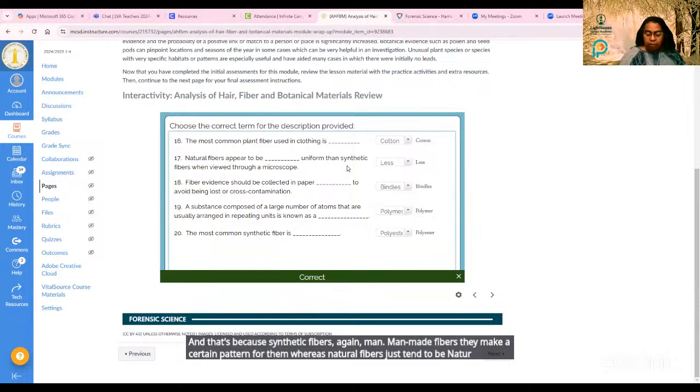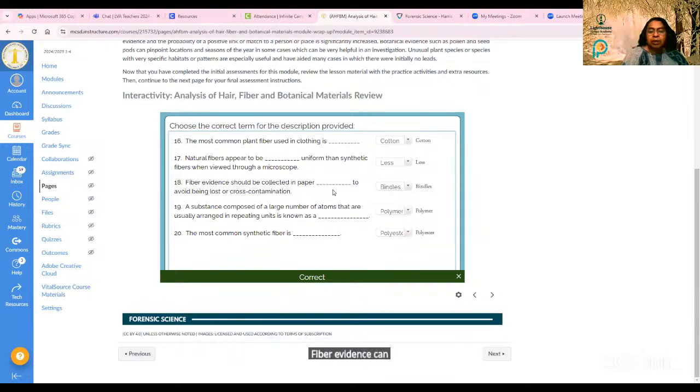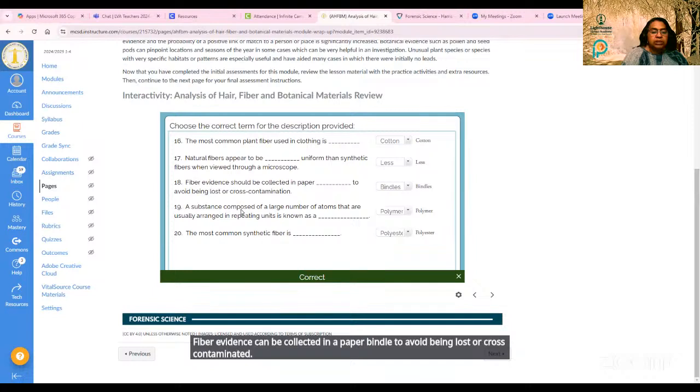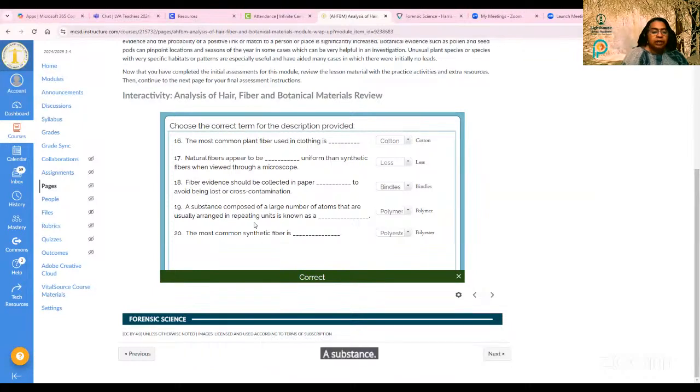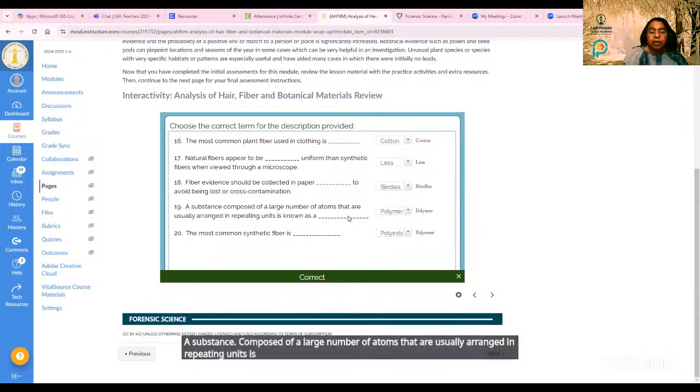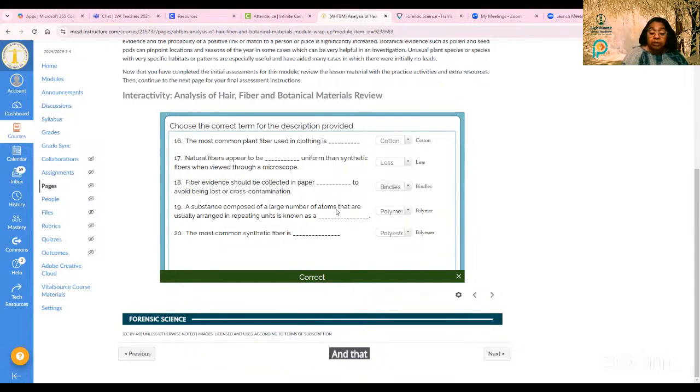They tend to have irregular patterns. Fiber evidence can be collected in a paper bindle to avoid being lost or cross-contaminated. A substance composed of a large number of atoms that are usually arranged in repeating units is known as a polymer. And that's a little biology.